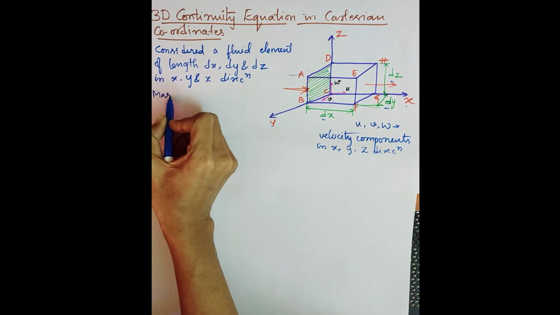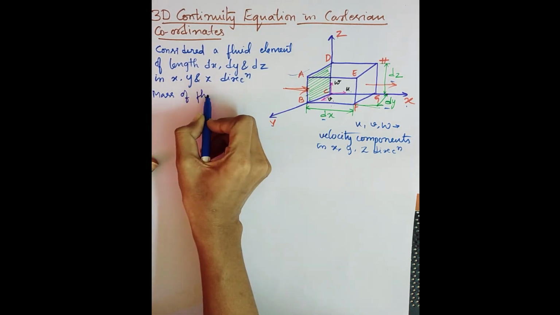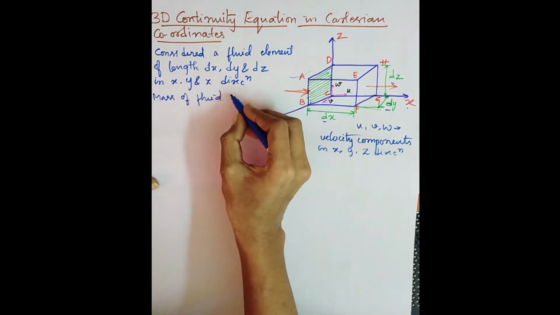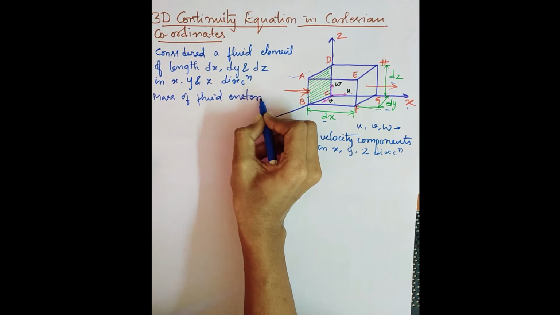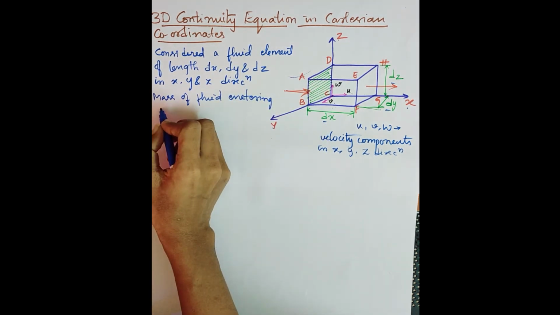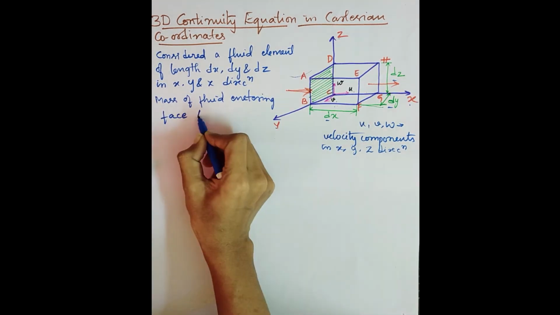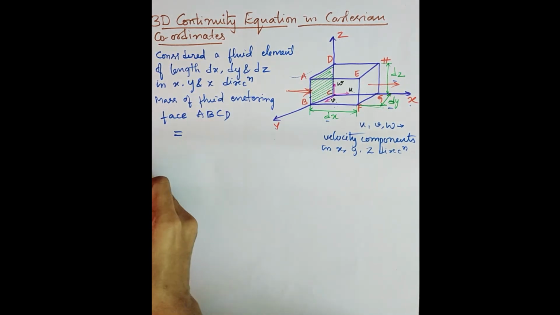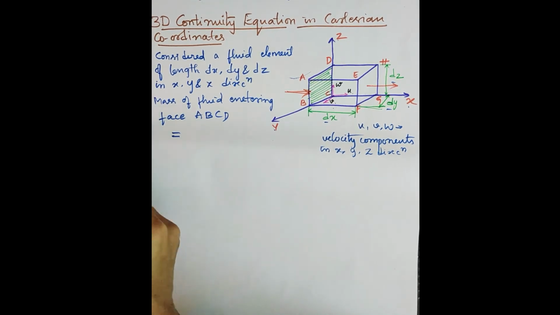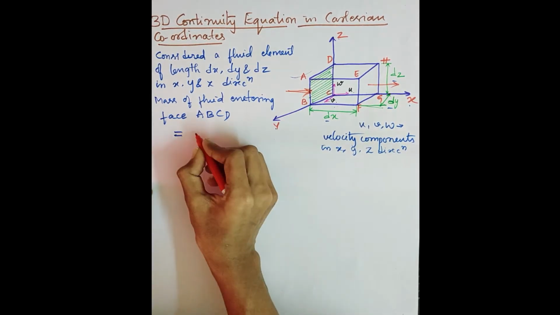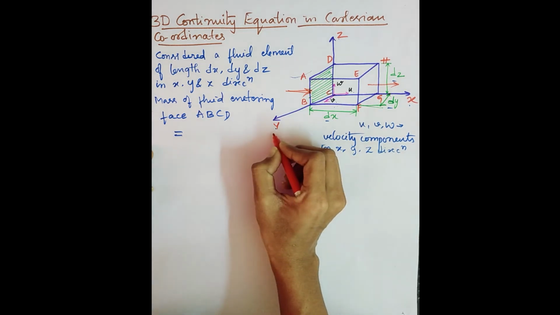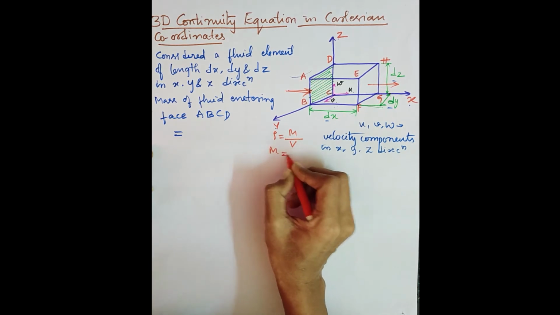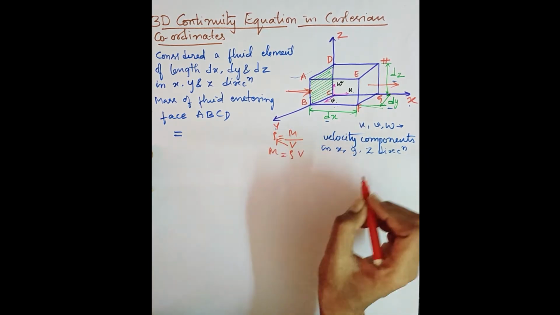The mass of fluid entering face ABCD is equal to, we know the general formula, density rho is equal to mass by volume, so mass is equal to density into volume.